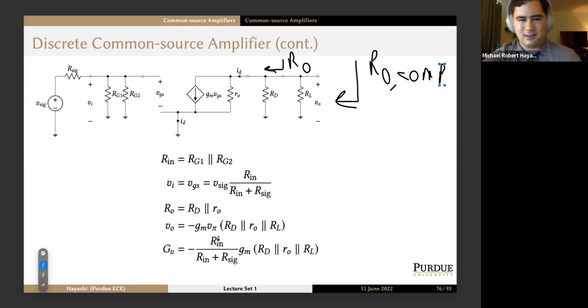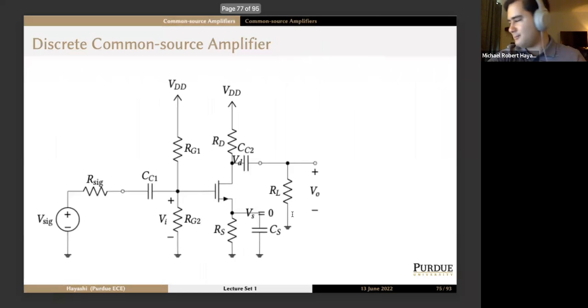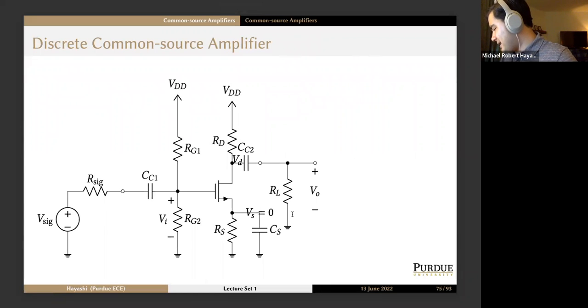That shouldn't say V pi here. That should say VI, not V pi.